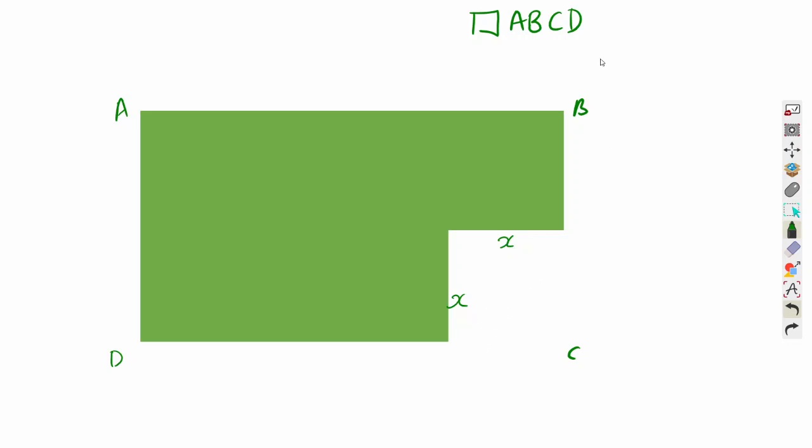We know that the area formula of a square is nothing but side square. In that case, I have removed side square, x square, from the given rectangle. When I talk about the area of that removed part, we have to think about the area of the remaining part. If this is equal to x and it is a square, this part also is equal to x.